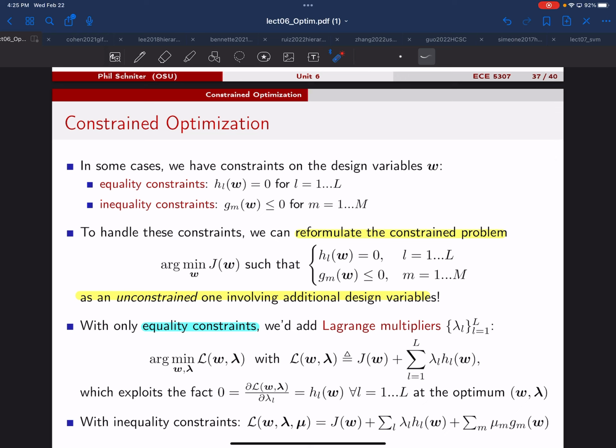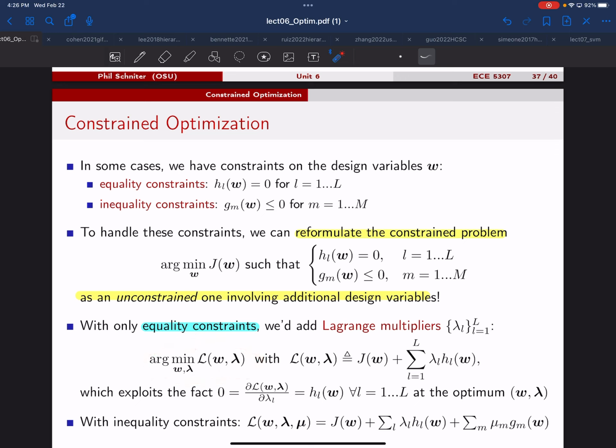So the optimal lambda is probably not going to be 0. It might be. And if it is 0, that just means that you didn't have to enforce the constraint where the minimum was. The constraint wasn't really involved at all. That can happen, but by solving this problem, you're going to find the optimal lambda.